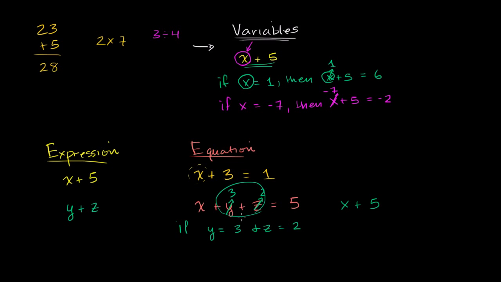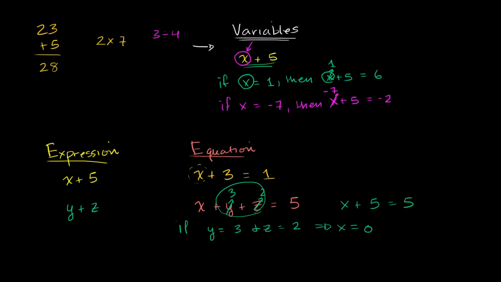This part right over here is just going to be 5. x plus 5 is equal to 5. And so what plus 5 is equal to 5? Well, now we're constraining that x would have to be equal to 0. But the important point here, hopefully you realize the difference between expression and equation. An equation is essentially you're equating two expressions. The important thing to take away from here is that a variable can take on different values depending on the context of the problem.